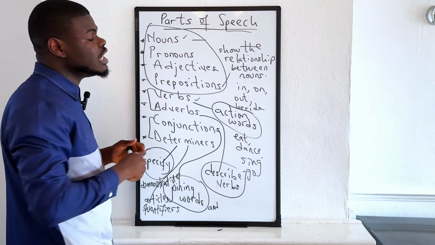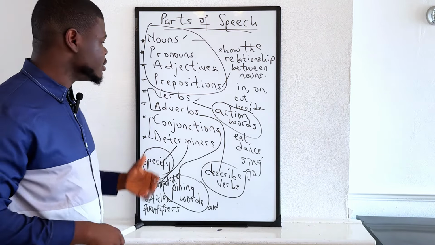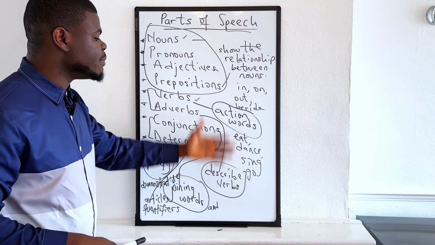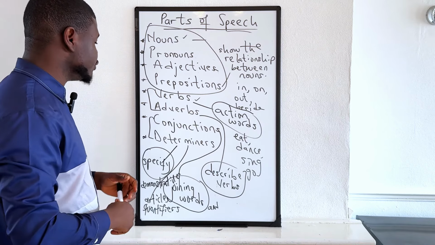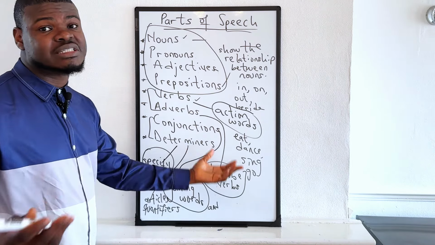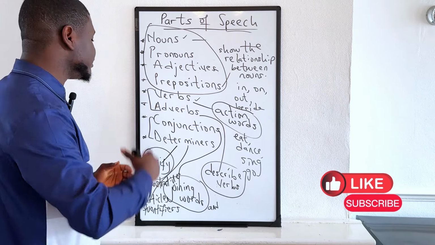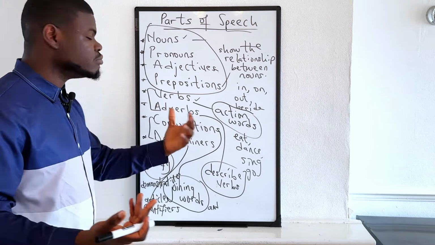Prepositions show the relationship between nouns. Verbs are action words. Adverbs describe verbs, tell us more about verbs. Conjunctions join words, phrases, clauses, and sentences together. Determiners help more with specifying mostly nouns and a couple of other words.